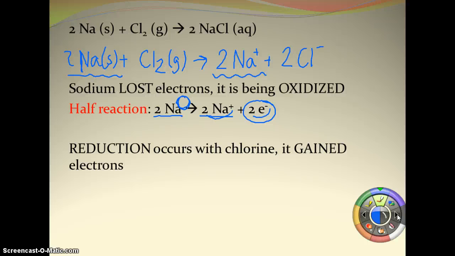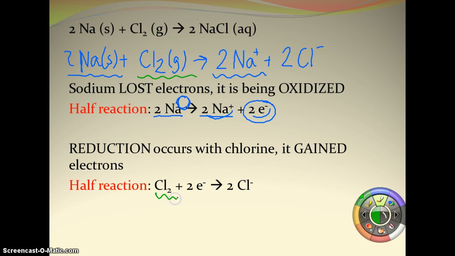So we need to account for them when we write the half reaction for chlorine. So here's our chlorine as it's written up here. And then we have our chloride ion over here on our product side. This is a negative. There are 2 of them. This is neutral. So to account for that, you have the 2 electrons here.